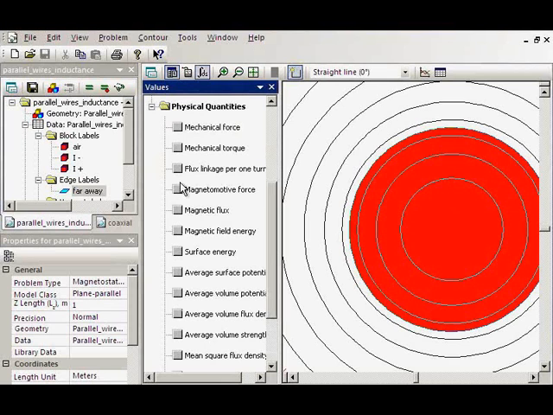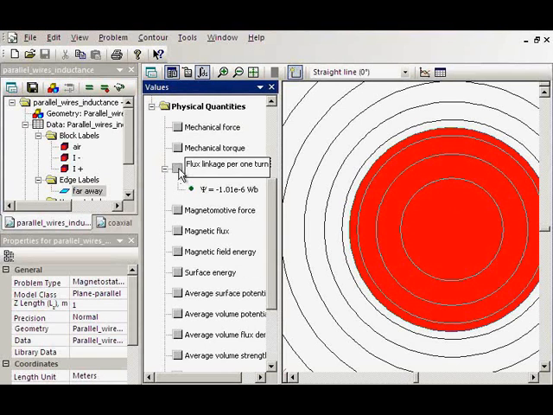It is called the flux linkage per one-term integral. The value I get is 1.01 microwebers.